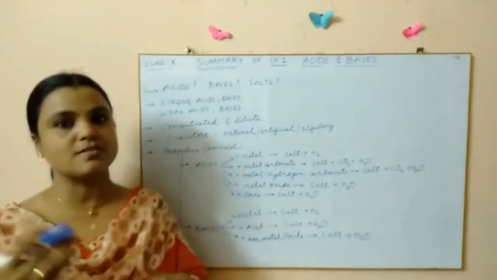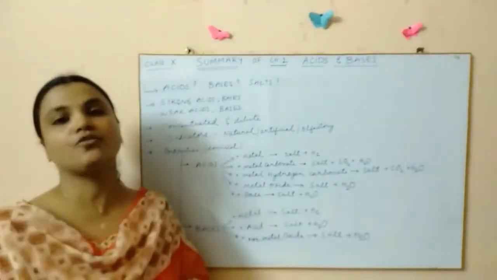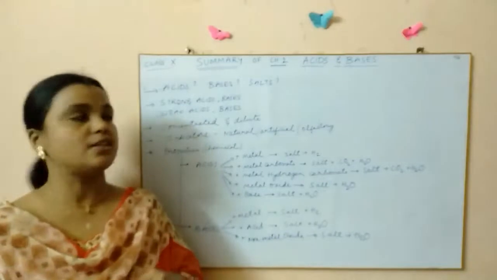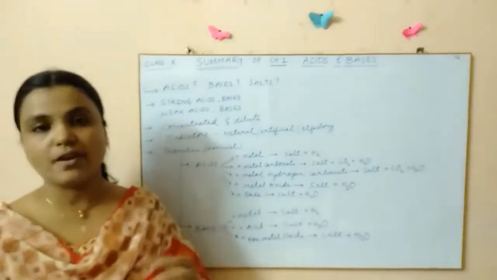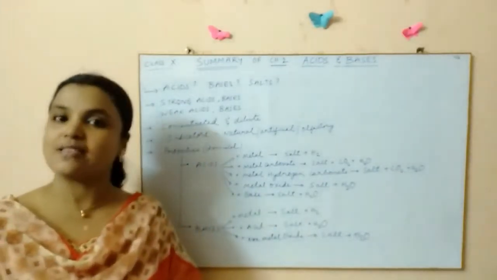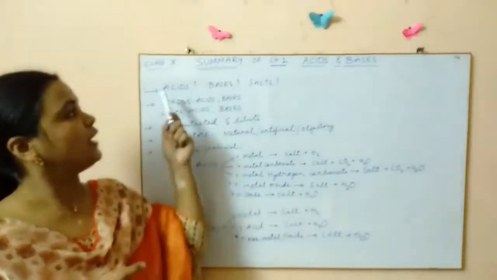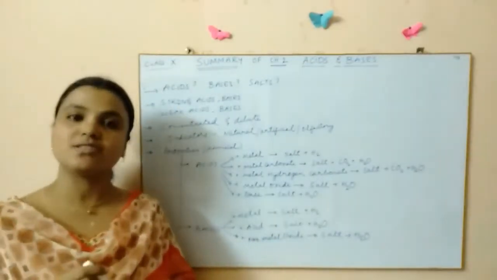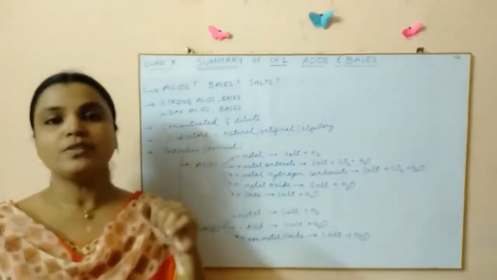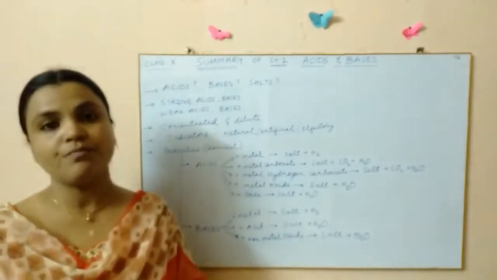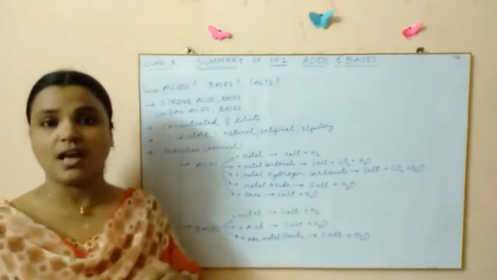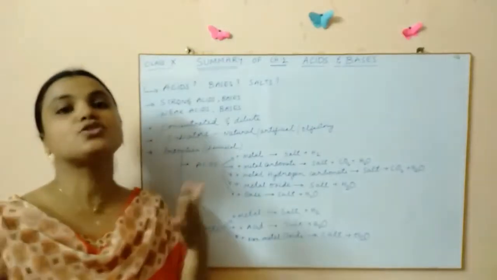So those substances which change blue litmus to red, and which are corrosive as well as sour to taste, are called acids. In contrast, bases are those substances which are bitter to taste and slippery, and which change the color of red litmus to blue.